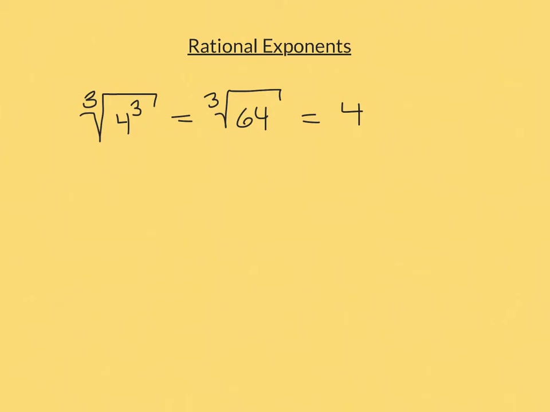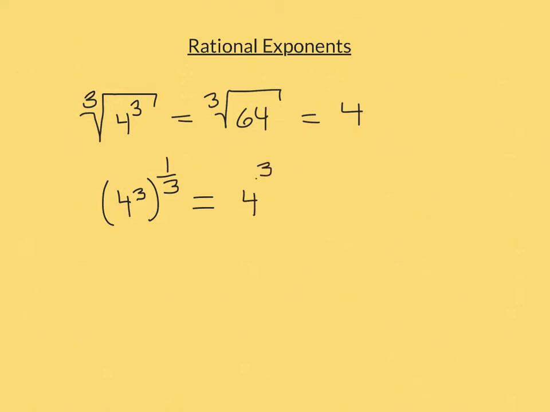So what does that look like from an exponent point of view? This is 4 cubed under the radical, and this radical here is a fractional exponent of 1/3. So our power on power rule says that we would multiply those exponents together.